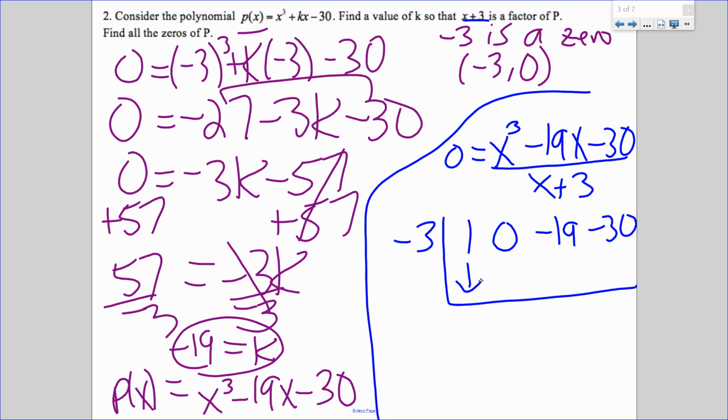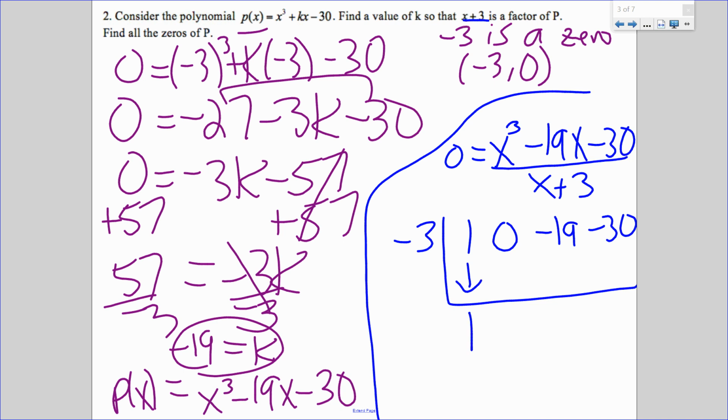I'm going to give you about a minute to do the synthetic division. Again, try the synthetic division on your own right now. If you need more time, pause it.